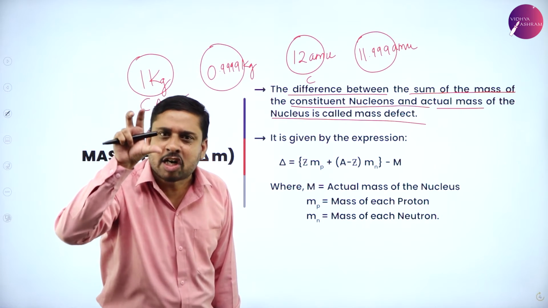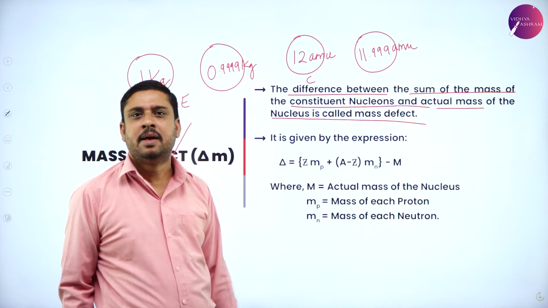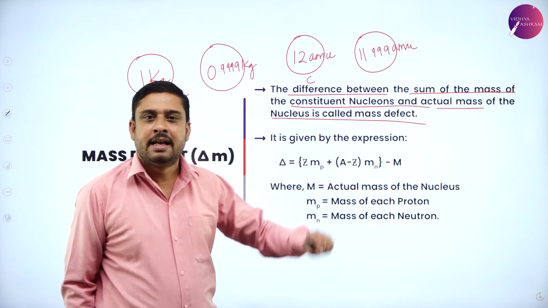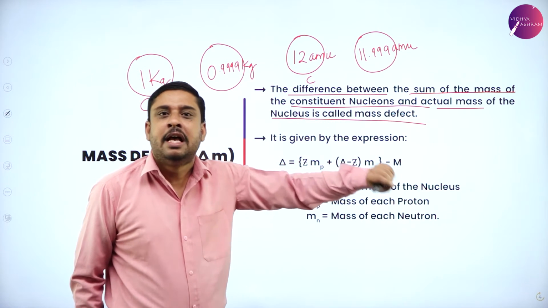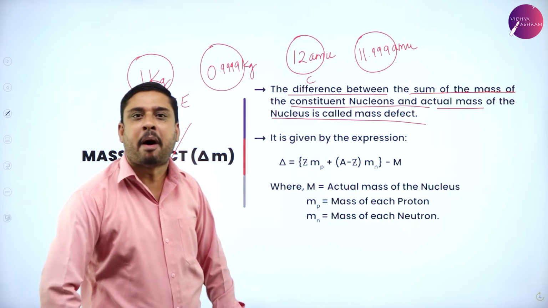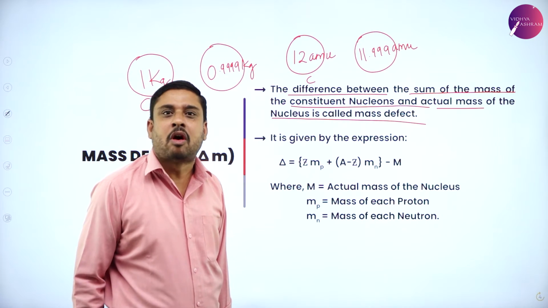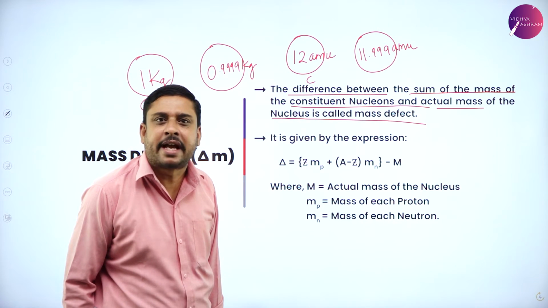Actual mass of the nucleus minus the sum of the mass of the constituent particles is called as mass defect.